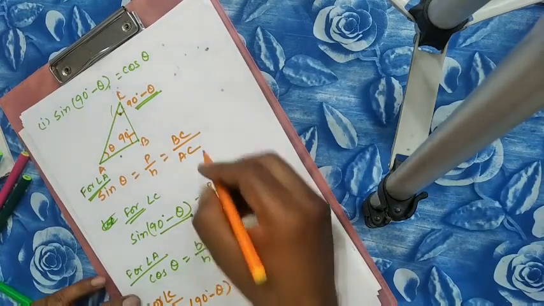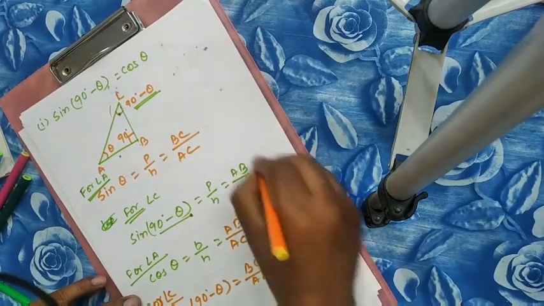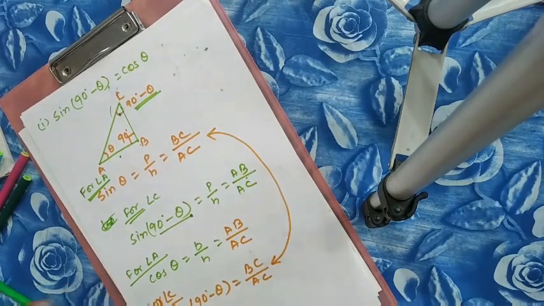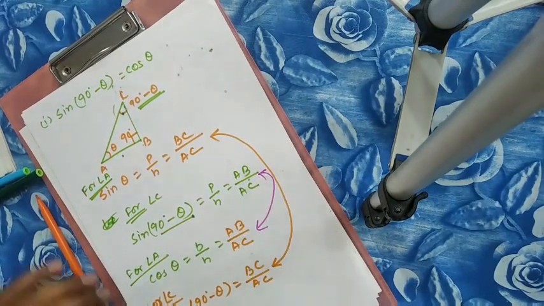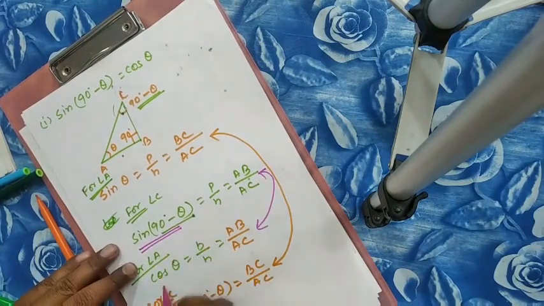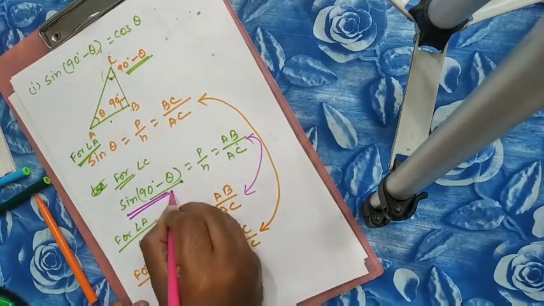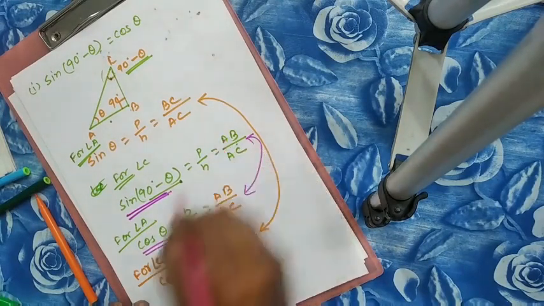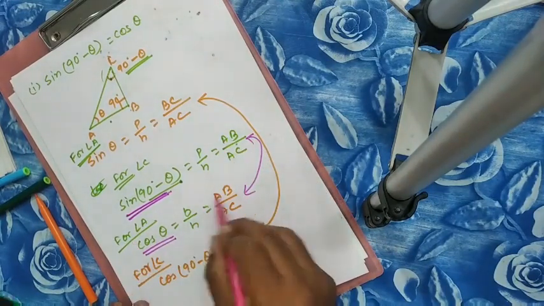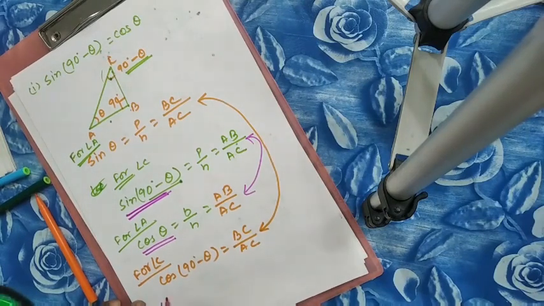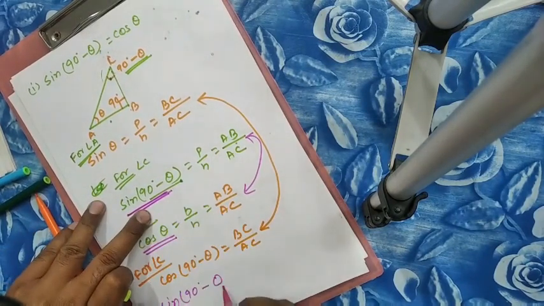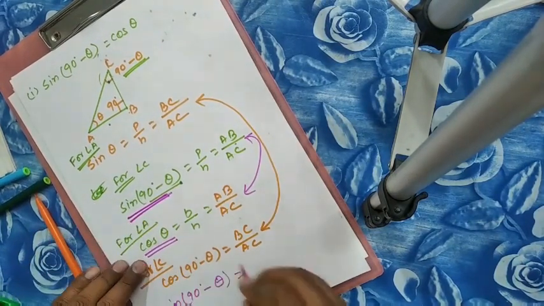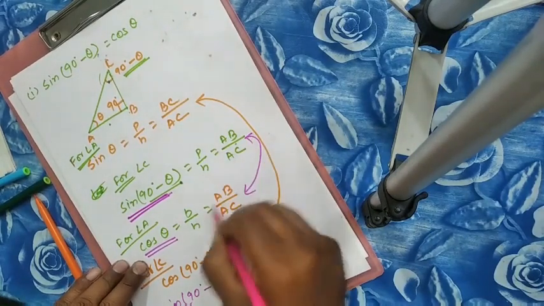So from here we can see that both are BC, and AB and AB are these two. So what are these things? Sin theta is here and cos theta is here, so we can write that sin(90 degrees minus theta) is equal to AB by AC, and cos theta also is equal to AB by AC. Therefore sin(90 degrees minus theta) is equal to cos theta, because both are AB by AC.